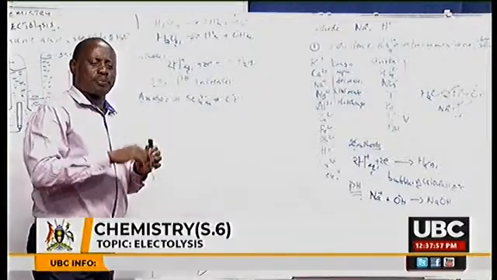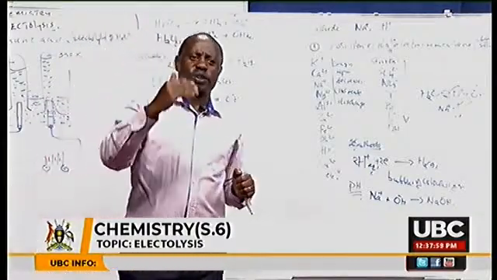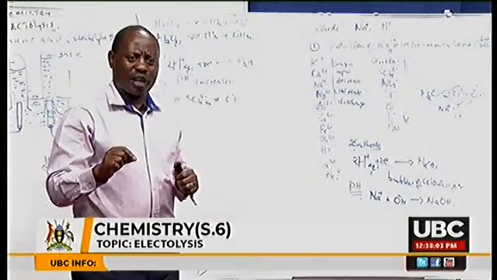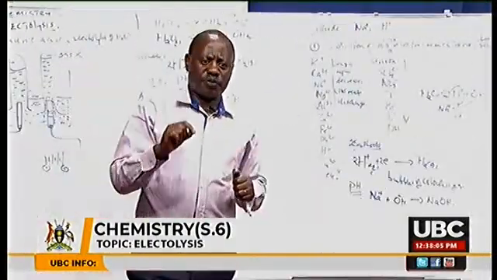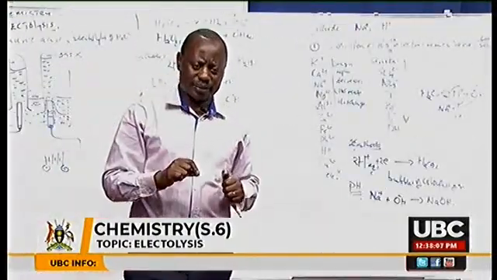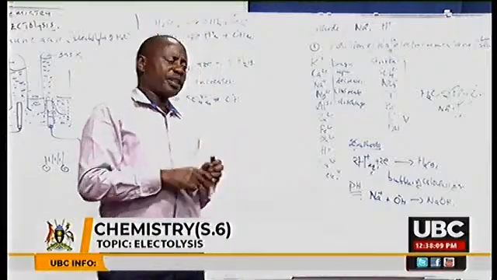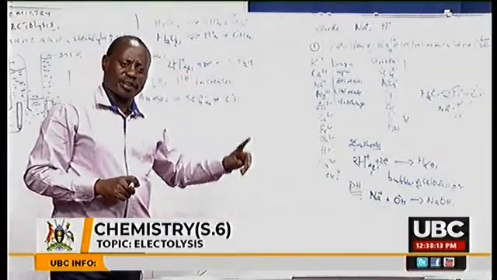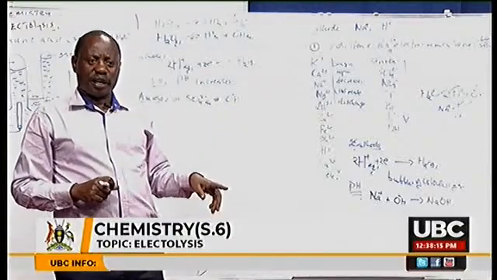So when the two migrate to the anode, the hydroxyl ion will be preferably discharged. I repeat, both sulfate and hydroxyl will migrate to the anode.